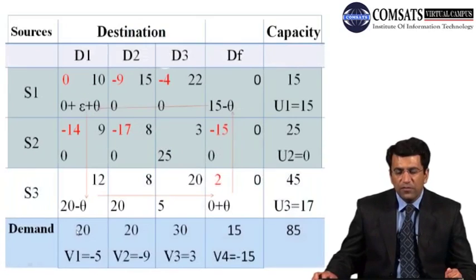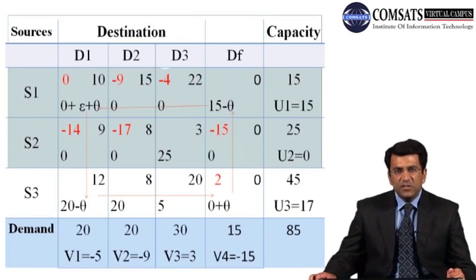Now we will have to incorporate that value of theta in this loop. What is meant by that? If our theta is equal to 15, we will add 15 in this particular cell. It will become 0 plus 15, so we will write 15 here as its quantity. From this particular cell we will subtract the value of theta, that is 15, so 15 minus 15 is 0, and it will become an empty cell. Again, in this particular cell we will add theta, and it was 0, and now it will become 15 plus epsilon.